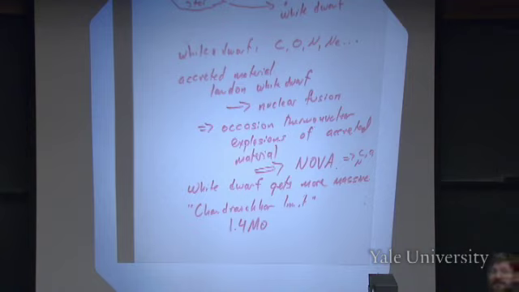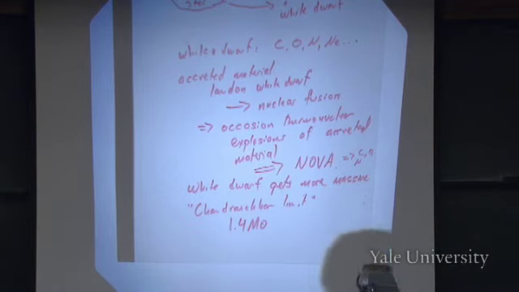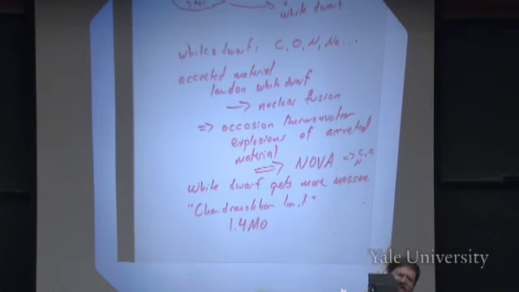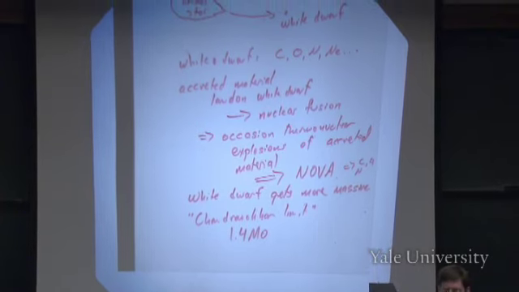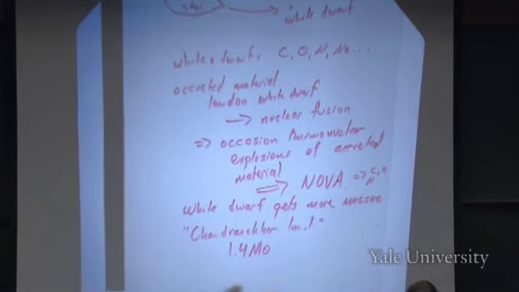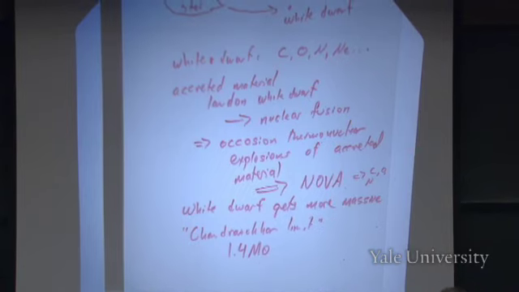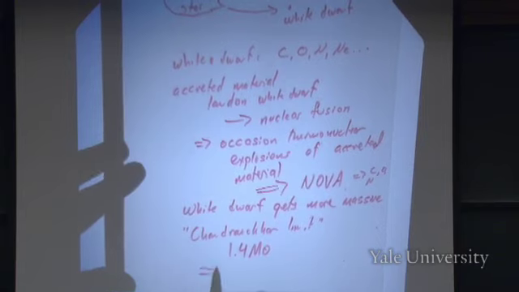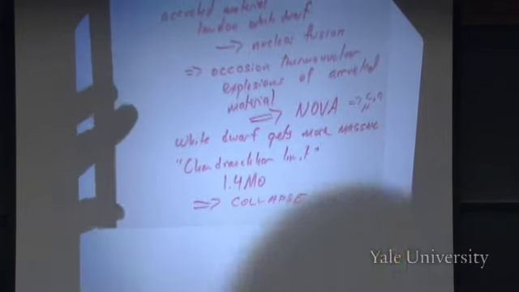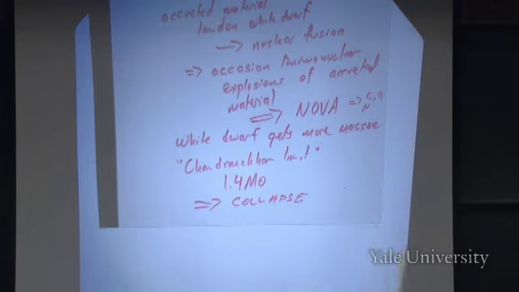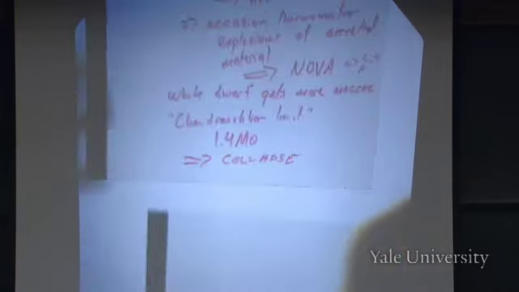So then what happens? Remember what the Chandrasekhar limit is. If you've got a white dwarf that's bigger than the Chandrasekhar limit, then the white dwarf cannot hold itself up against gravity. And so the whole thing collapses all at once. And as is generally the case, when it collapses, it gets hot, it gets dense. That's what generally happens in a collapse.